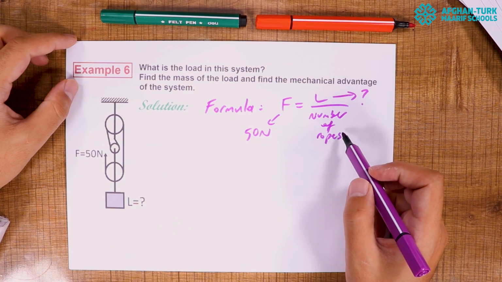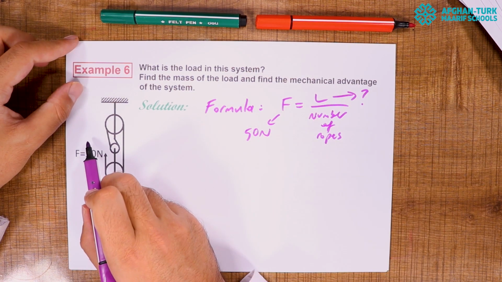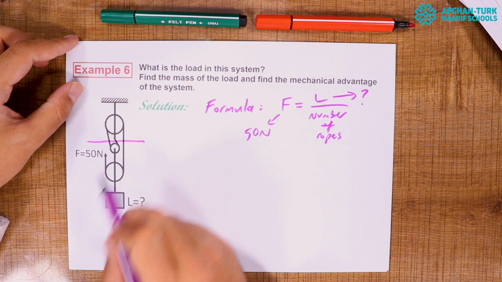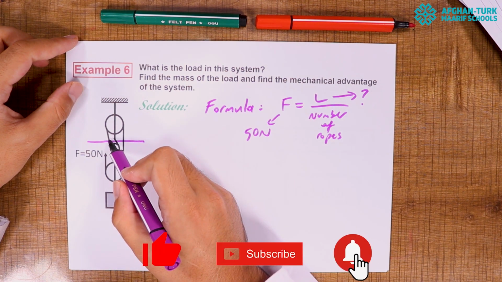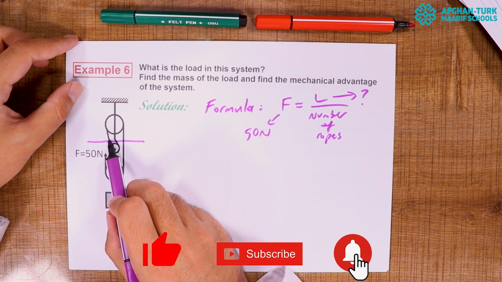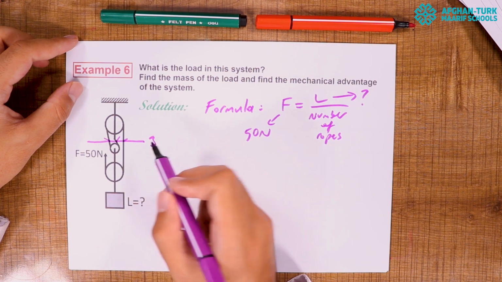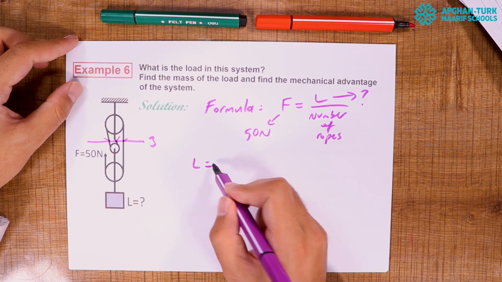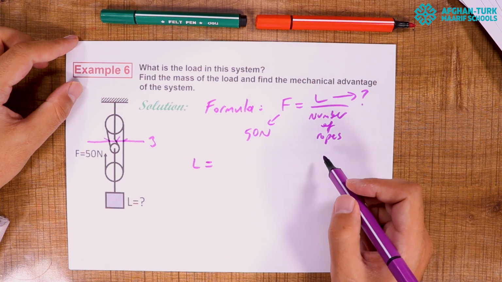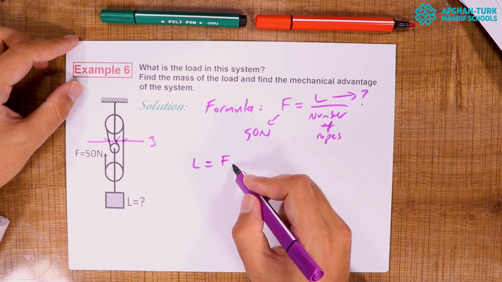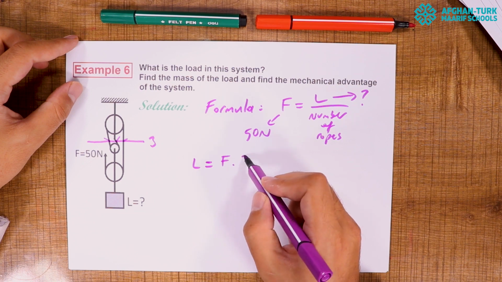And what is the number of ropes? I will find the maximum number of ropes. Here we have 1, 2 and 3. So the number of ropes is 3. If I extract load here, load is equal to F times number of ropes, which is 3.